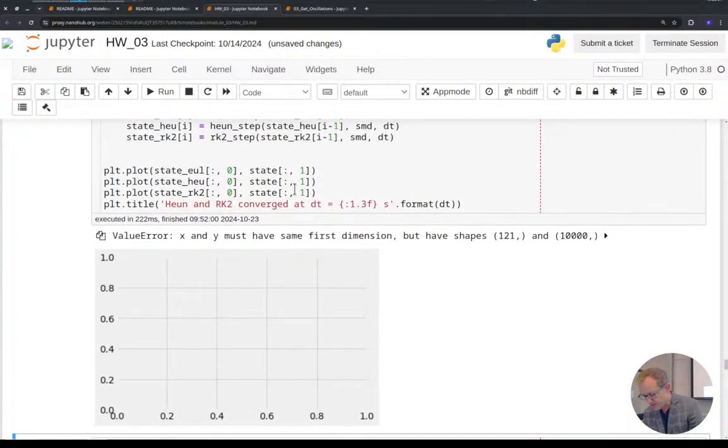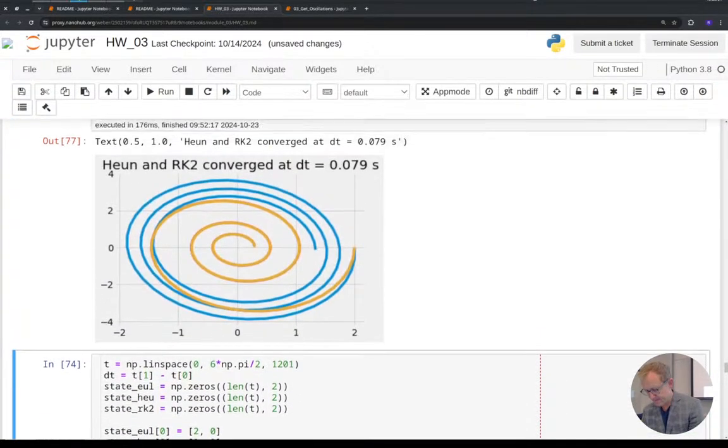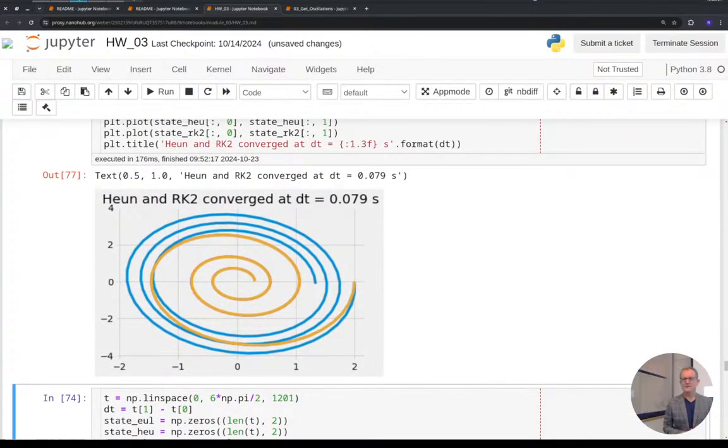Oh yeah, I should actually give it the same Euler, Heun, RK2. Have you seen this kind of plot, a phase plot, before?